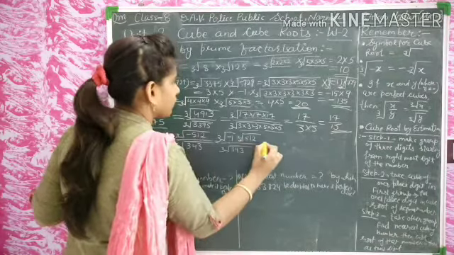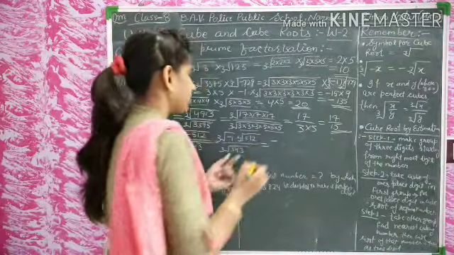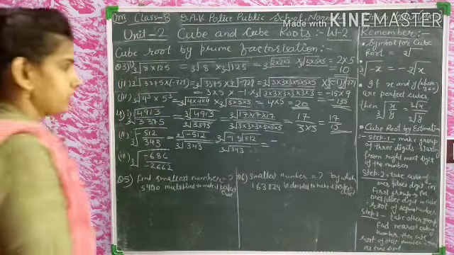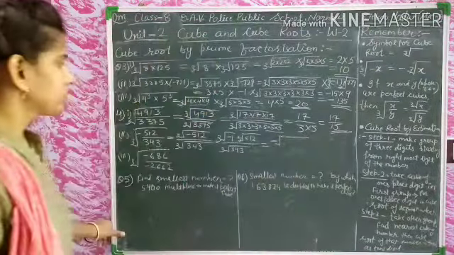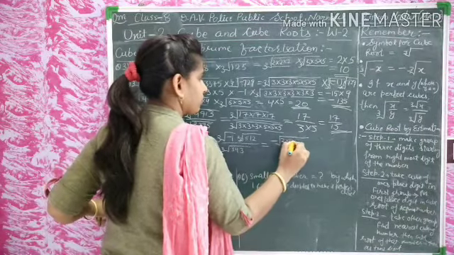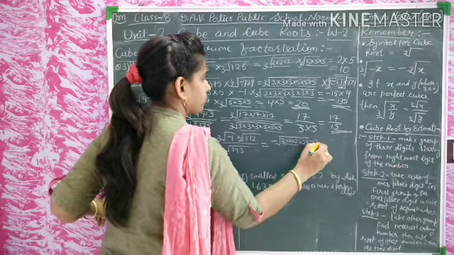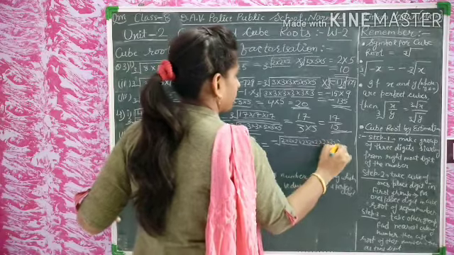So students, you are seeing there that the cube root of minus 1 is minus 1, and for the cube root of 512, 2 into 2 into 2, one factor is this, 2 into 2 into 2, one factor is this, and 2 into 2 into 2, one factor is this.